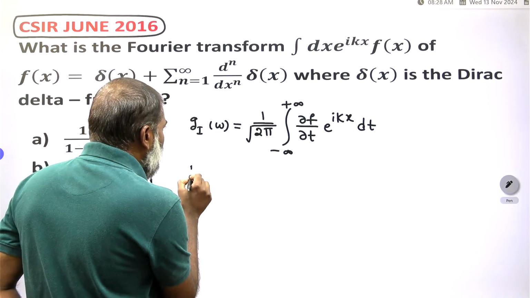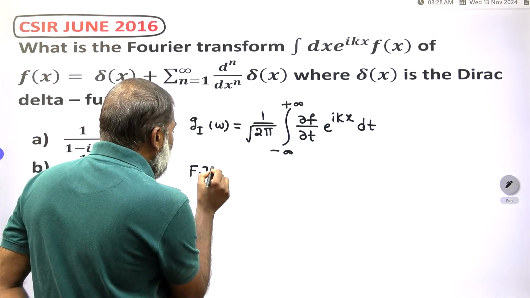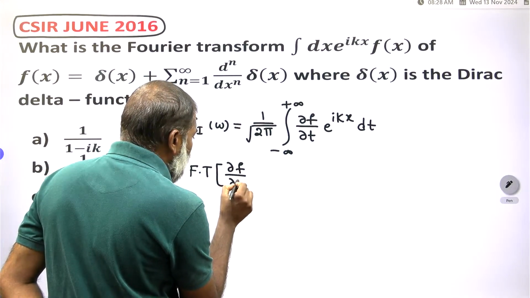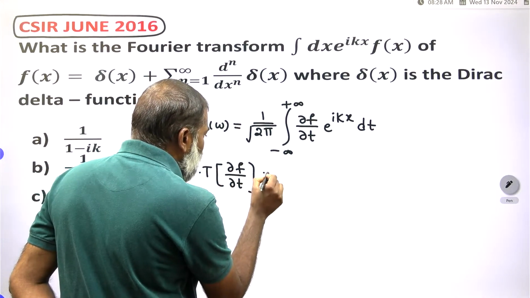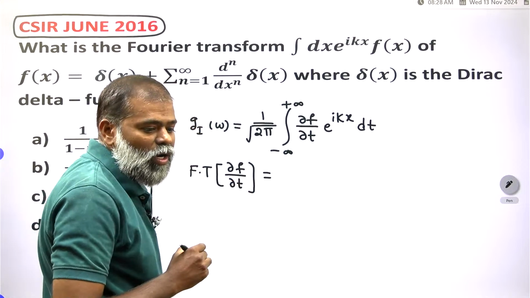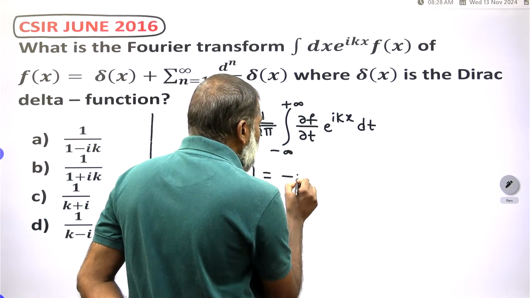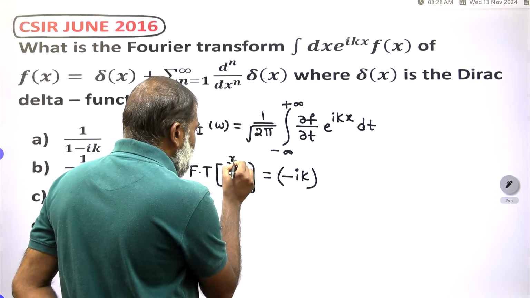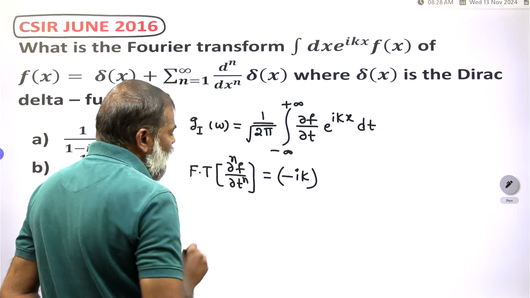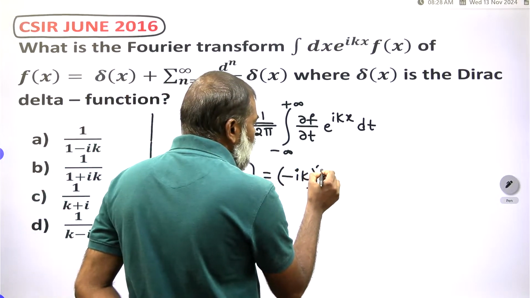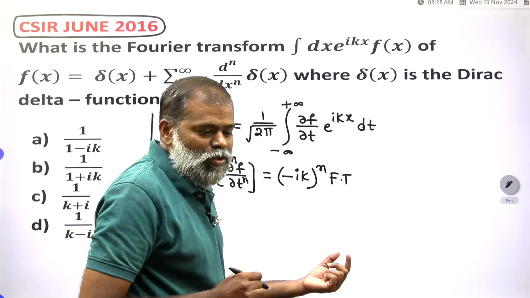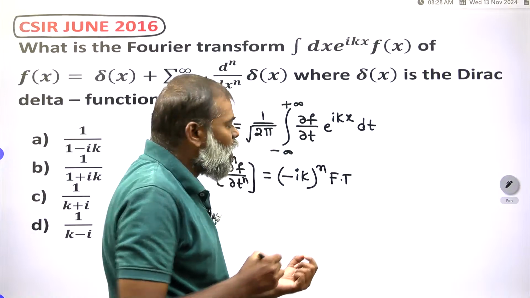The Fourier transform of the derivative of that function is equal to, if you take the nth derivative, minus ik to the power n times the Fourier transform of f of t.